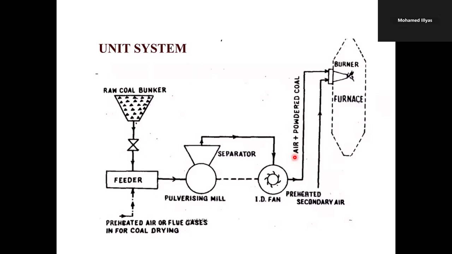When we calculate the stoichiometric requirement, based on that requirement this air will be supplied here, and we need to have excess air. This is the theoretical requirement of air, so we need some excess air for complete combustion. For that, secondary air or excess air has to be supplied for completing the combustion of this coal. So this unit system will be used separately for each boiler unit.